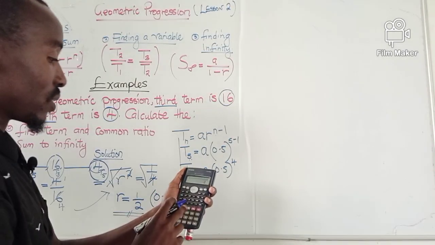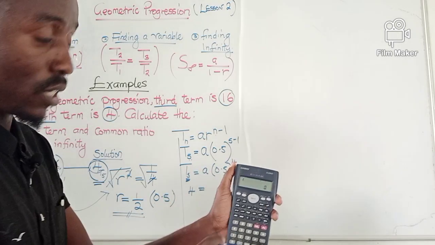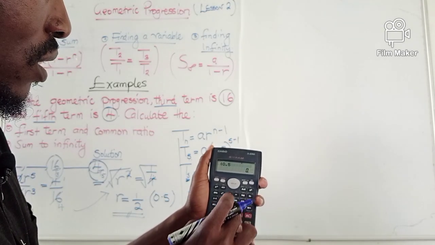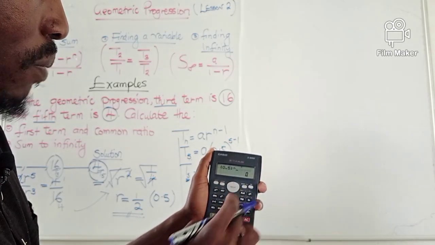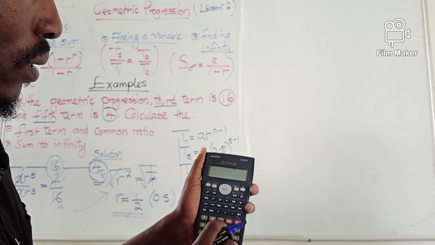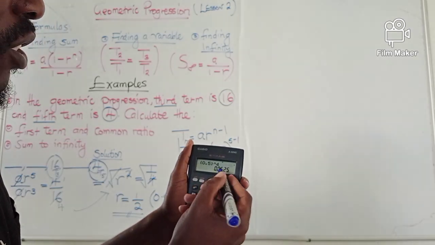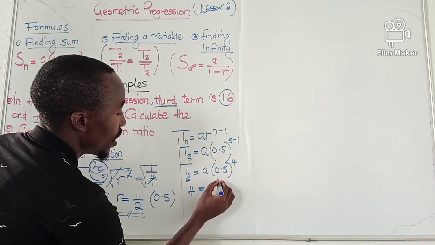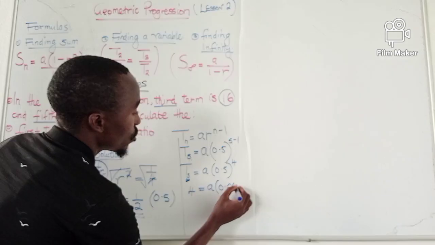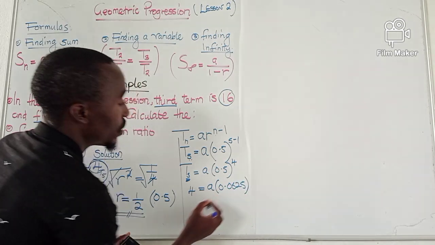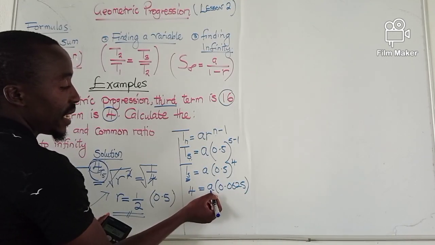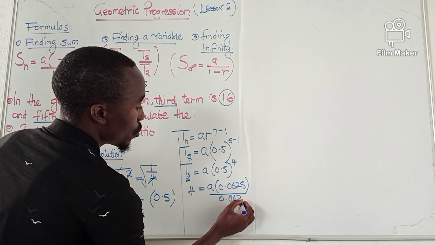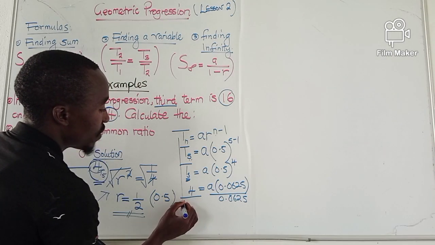When we work out that, 0.5 in brackets to the power of 4 equals 0.0625. So this will be A times 0.0625. Now we need A here, so we divide both sides by 0.0625.